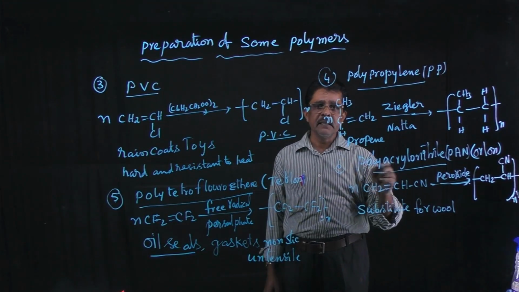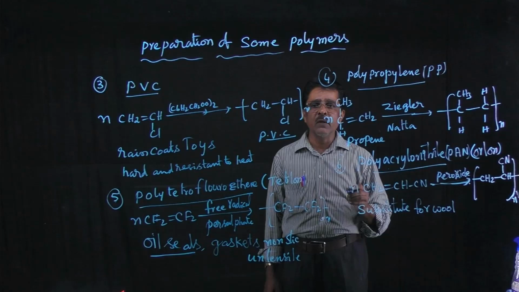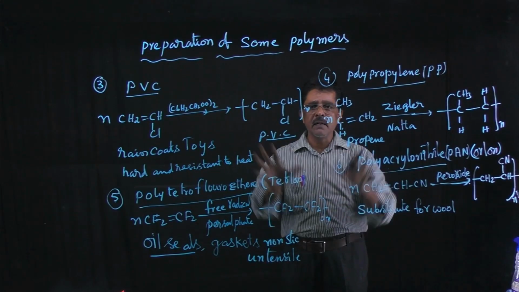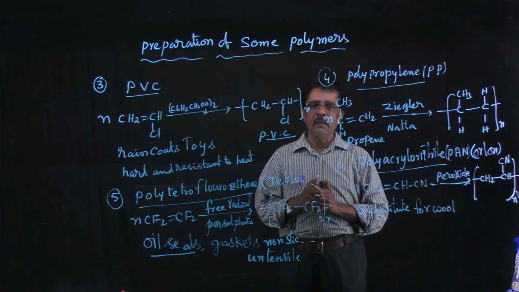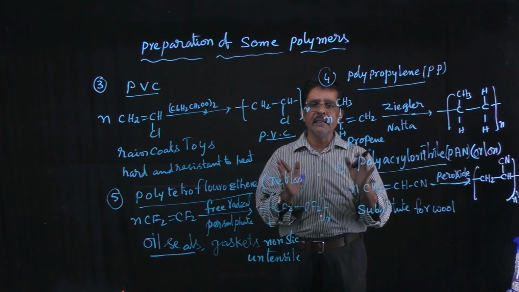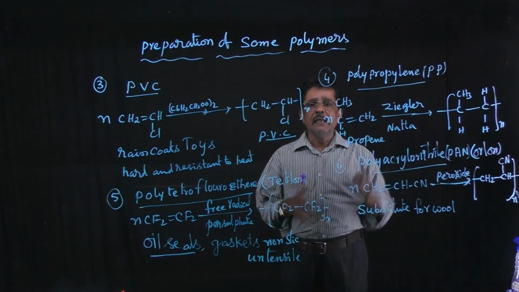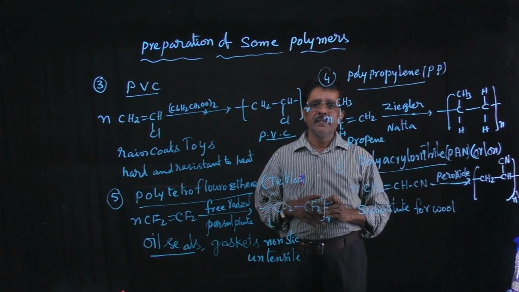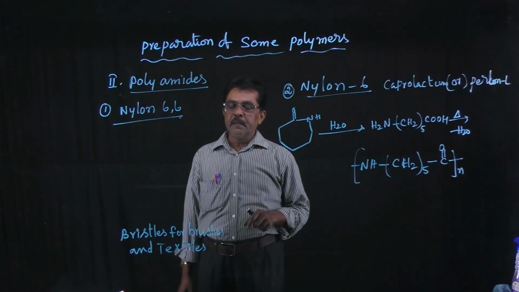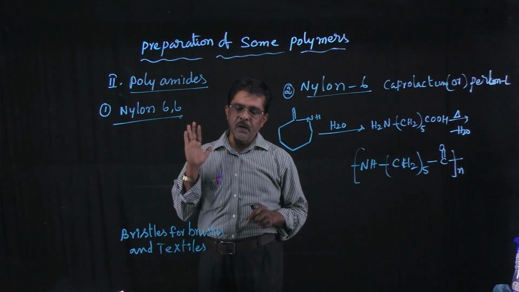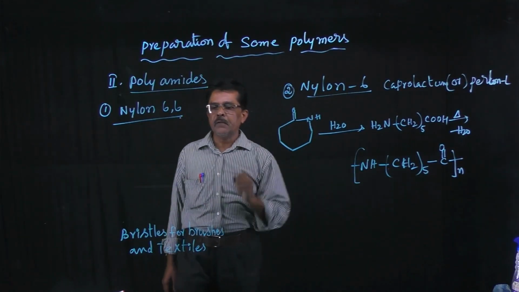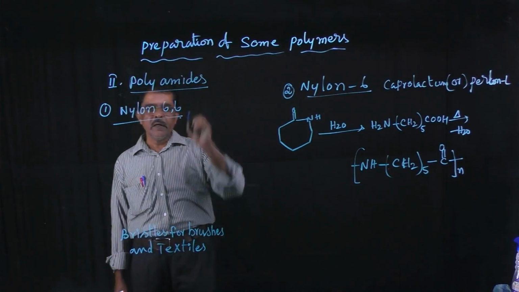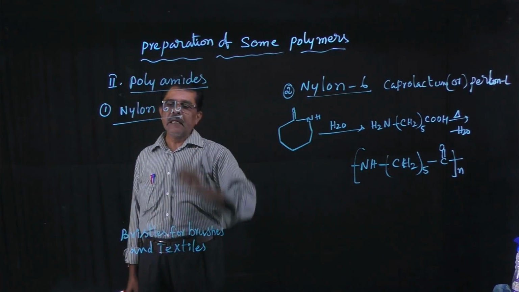And sixth one is polyacrylonitrile. All these polymer compounds in which double bonds are involved, we have to say them polyenes. Right, understand? Next type of polymers. First, the polyolefins we have prepared. Then we have to go to preparation of polyamide.